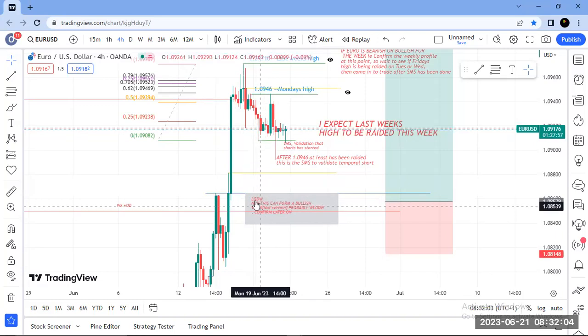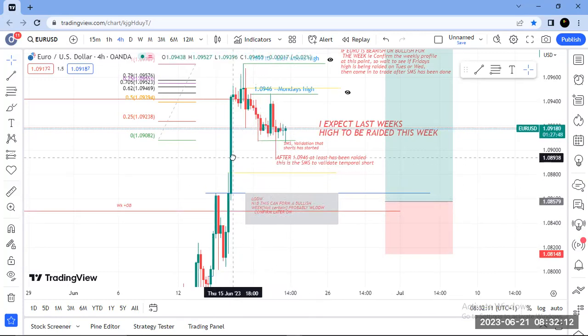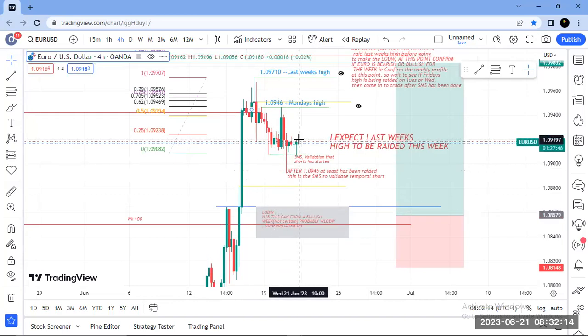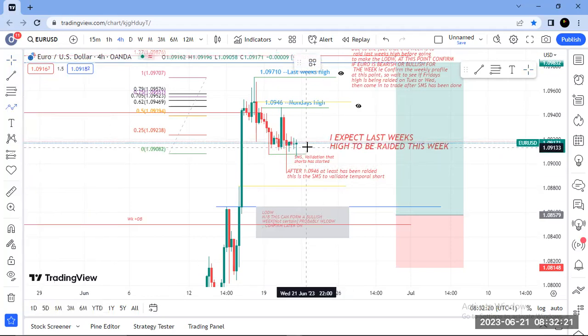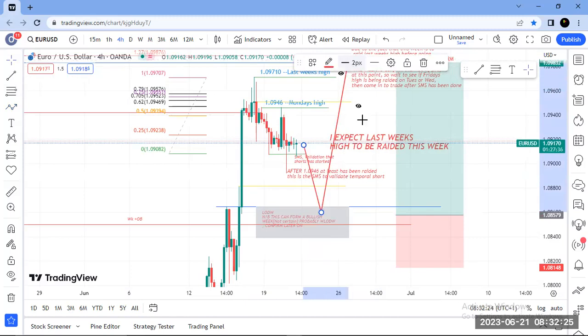This is where I said I want the low of the week to be formed. Then, just as I drew for the dollar, I want it to form in this format and go up like this.